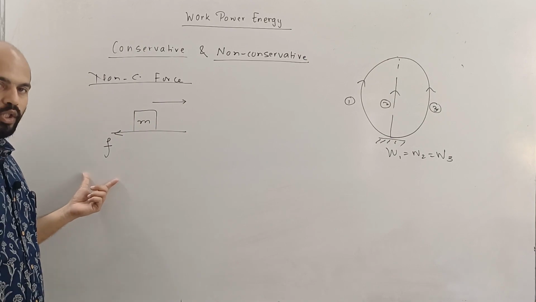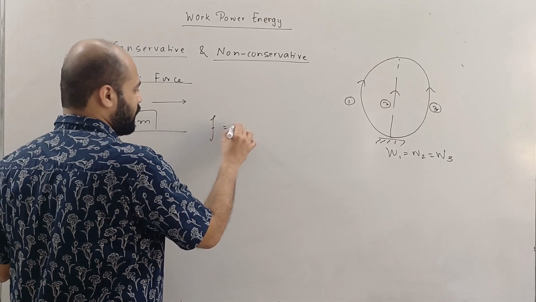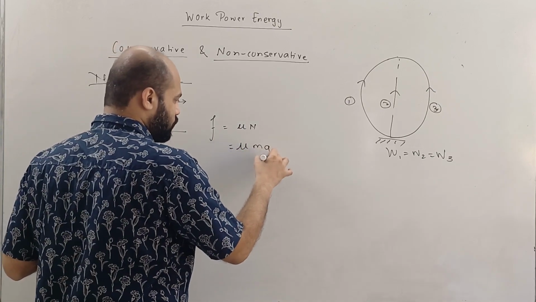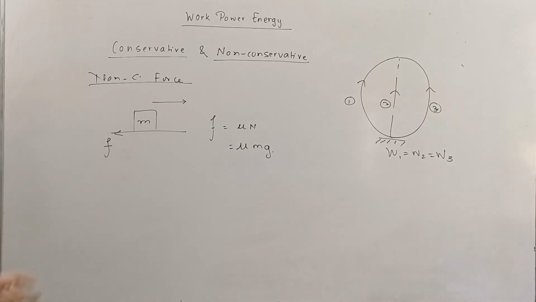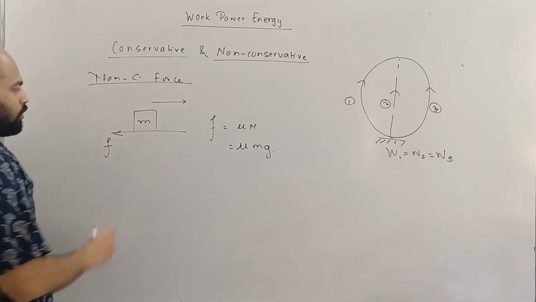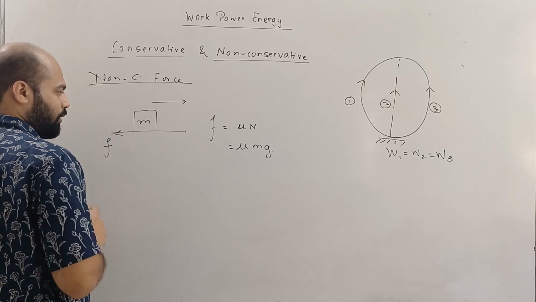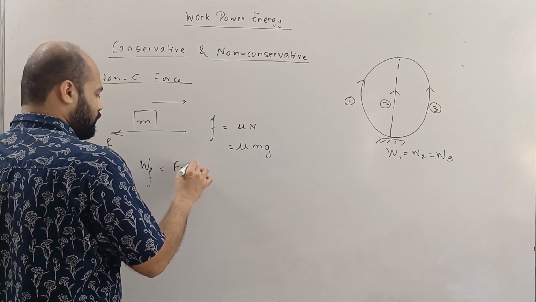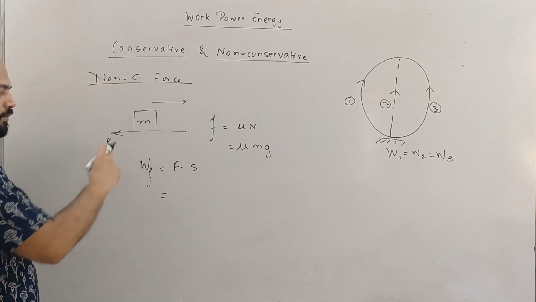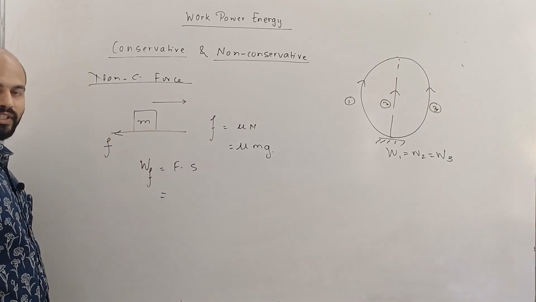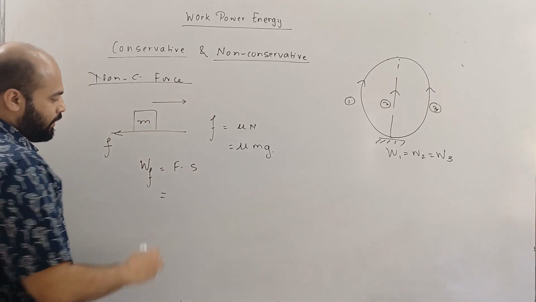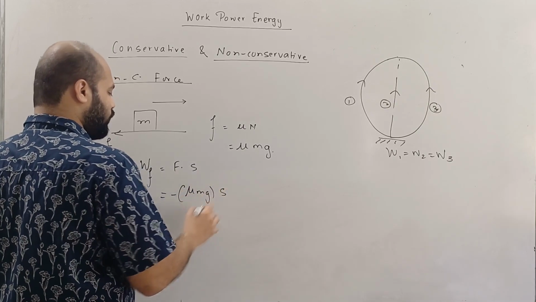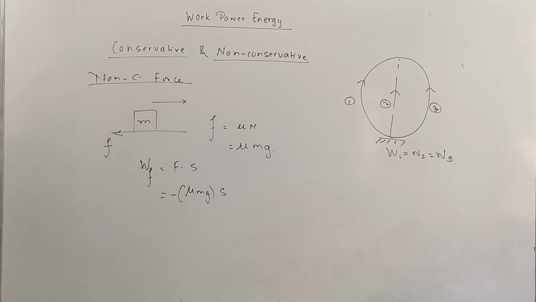Now in NLM, Newton's laws of motion, we have studied that the friction force is given as mu N. In this case, we could consider it as mu mg as the force. Now if mu mg is the force which is acting in the backward direction, while the object is moving from here to here in this particular path, I would say that the work done by friction is given as F dot S. Now you can clearly see both are in opposite directions. If both are in opposite directions, theta is 180 degrees, and I would write minus mu mg into S, where S is the displacement.